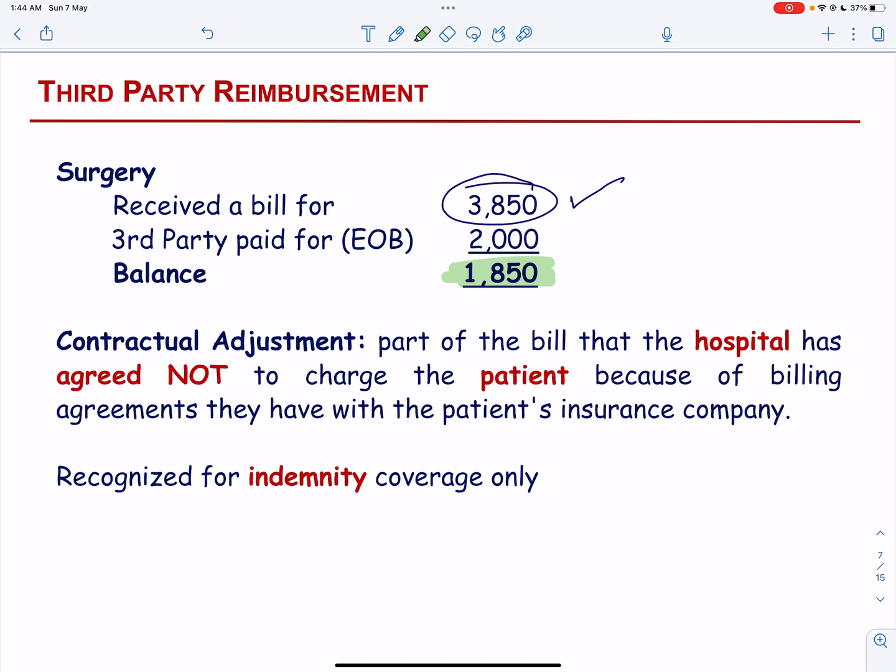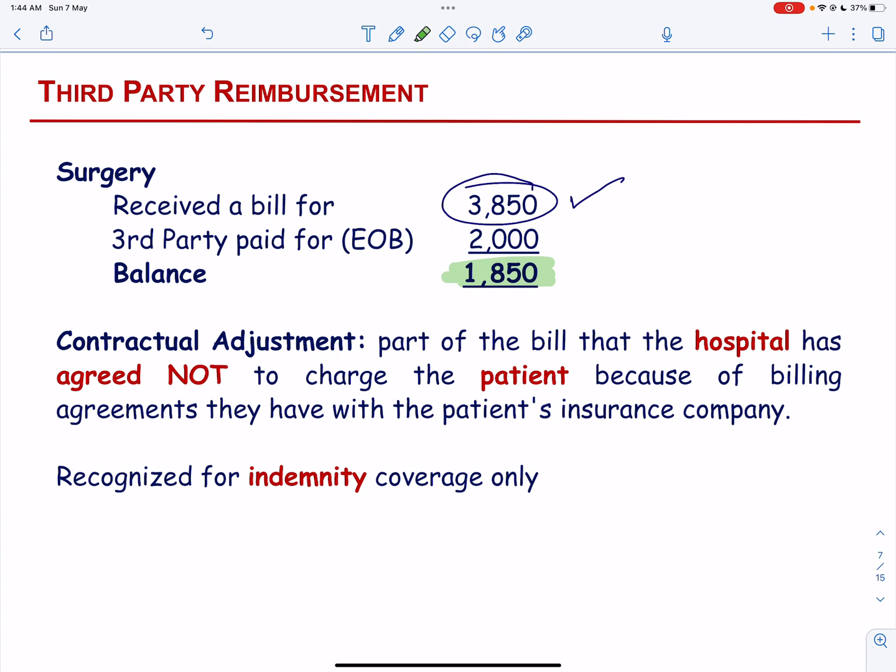Contractual adjustments recognize indemnity coverage. An independent patient will not get a discounted price. We have to keep this in mind. So a contractual adjustment is recognized for indemnity coverage only. Remember, if the patient has indemnity coverage, there will be a contractual adjustment.